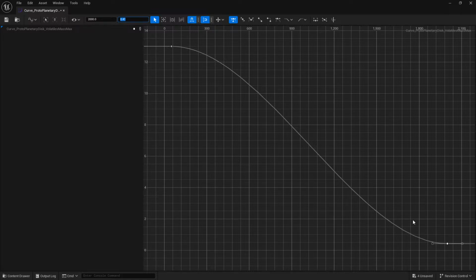So I'll use that as our baseline. Again, the further you go from the star, the more volatiles are available in the protoplanetary disk. And also, if you're right up against the star, then the chances of the gas giant having had its atmosphere stripped is quite high as well.